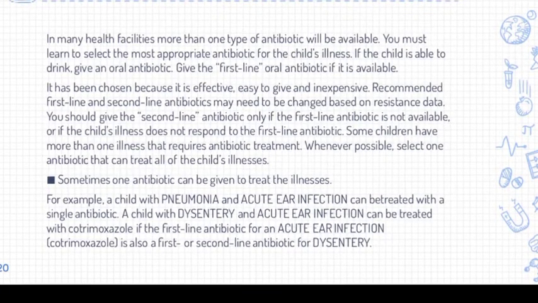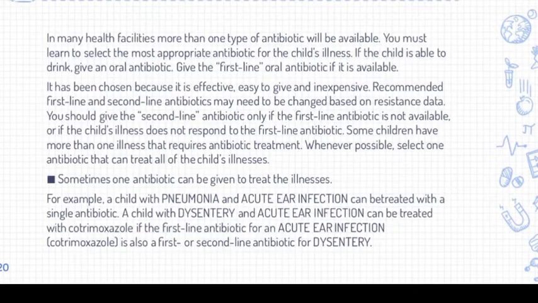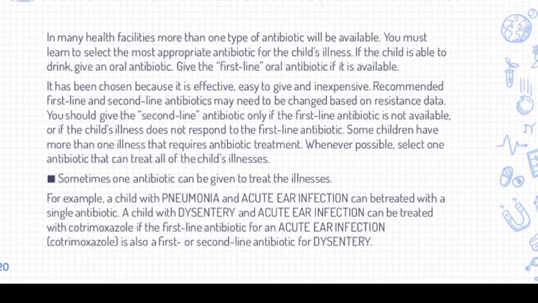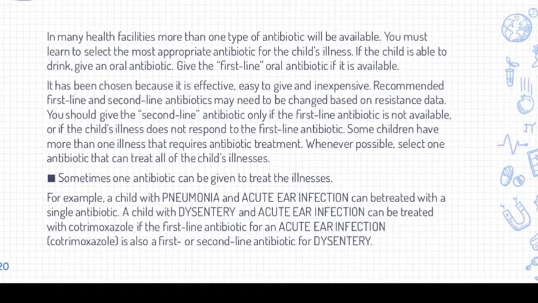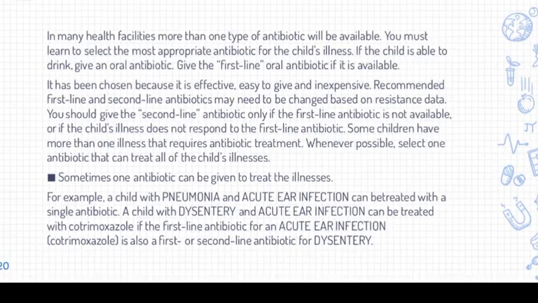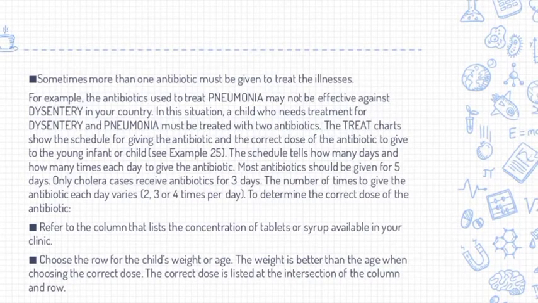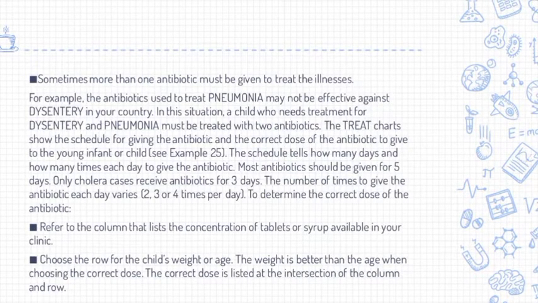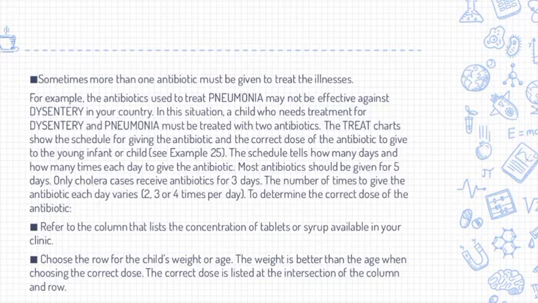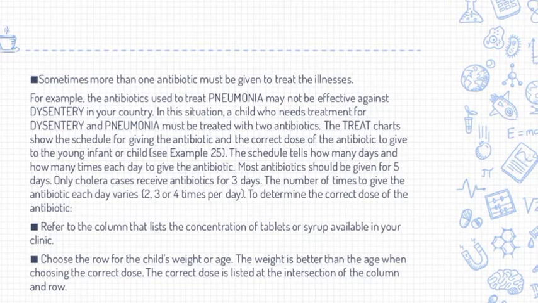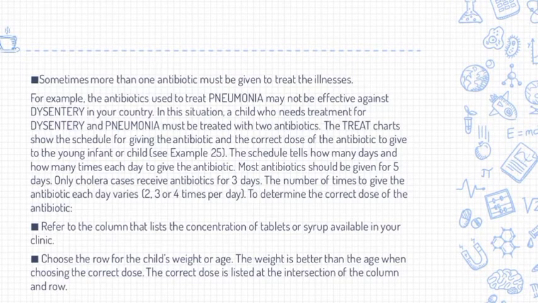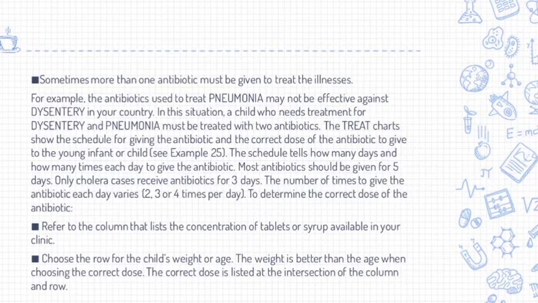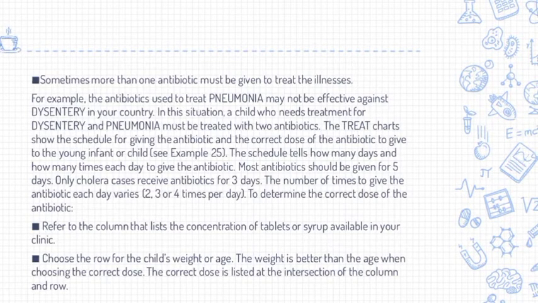So, if possible, select one antibiotic that can treat all of the child's illnesses. Sometimes more than one antibiotic must be given to treat the illness or illnesses. For example, the antibiotic used to treat pneumonia may not be effective against dysentery in your area.